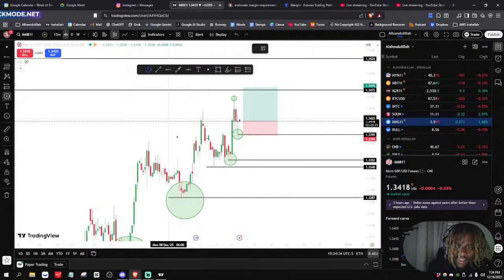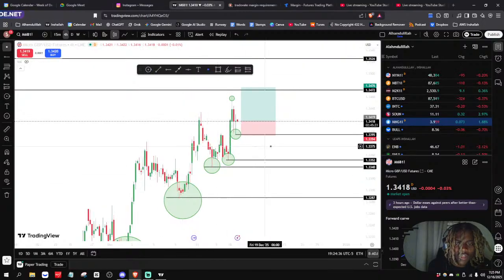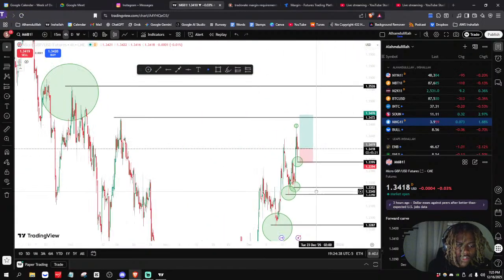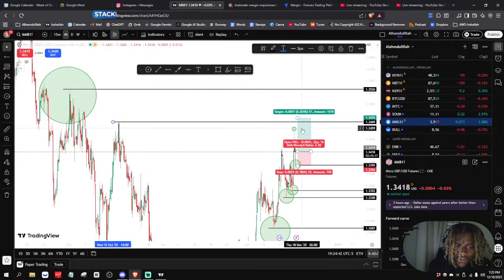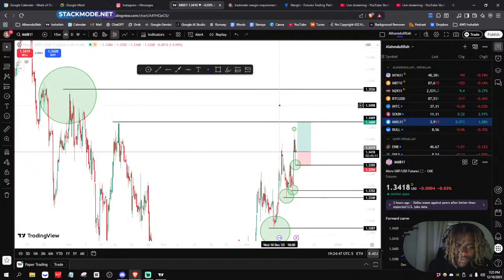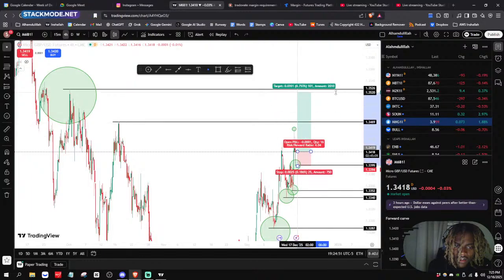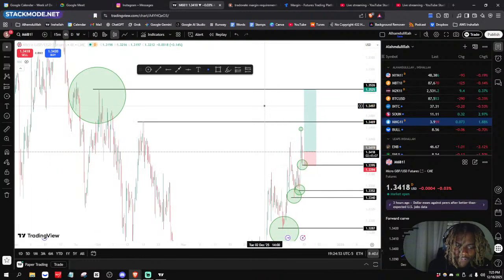If price did, then that means we wouldn't be going in an uptrend anymore. So I could do stop loss below the previous area of support. And then if I wanted to, I could do take profit here for about a 1 to 2, or you could do take profit up there for a 1 to 4.